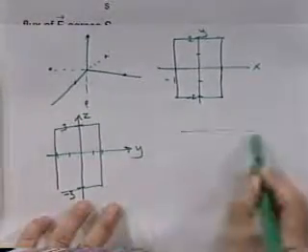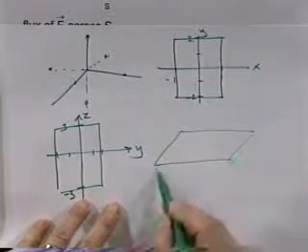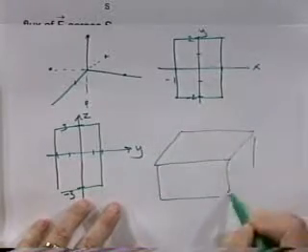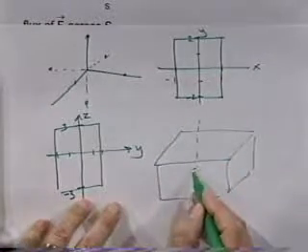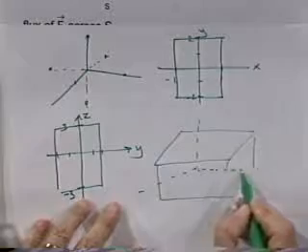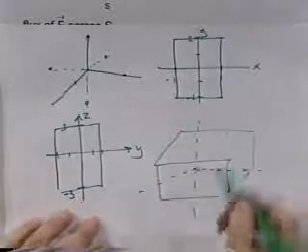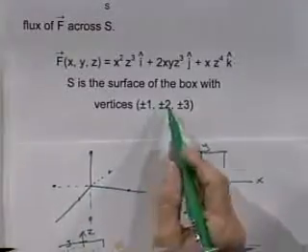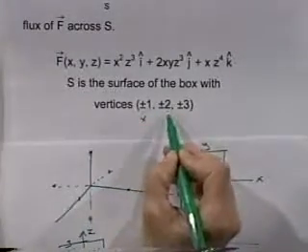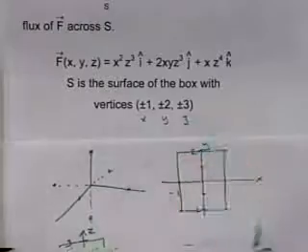So in reality, I've got this wonderful box. It might look something like that. And you've got your x, y, and z axis coming around like this, and we're going out to plus 1, minus 1 for x, plus 2, minus 2 for y, and plus 3, minus 3 for z.